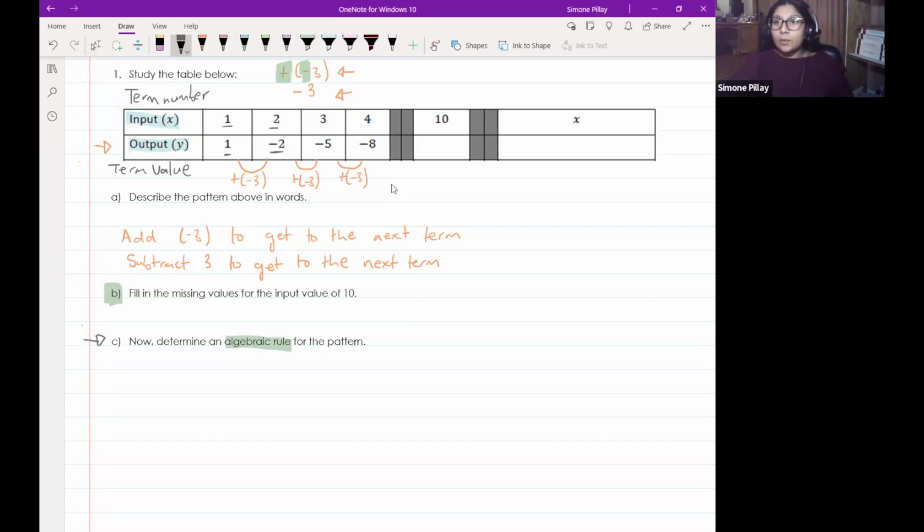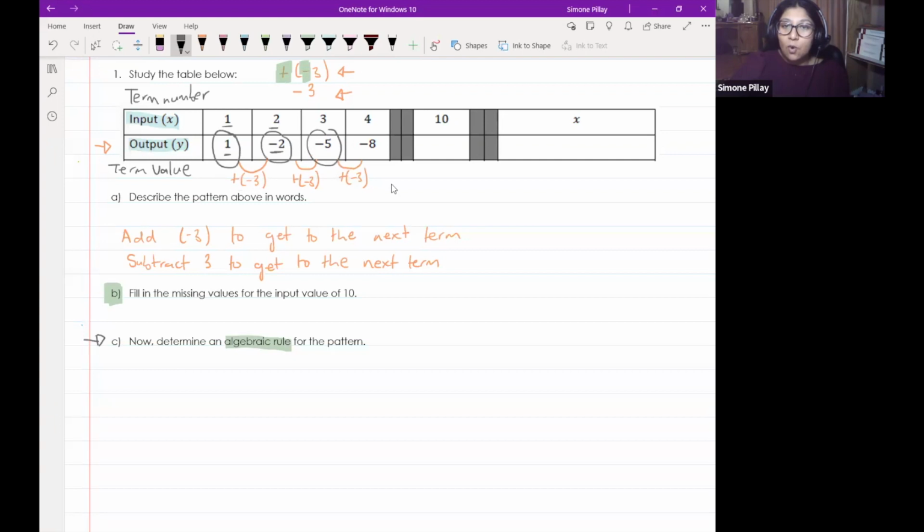What I want you guys to really notice is that this plus -3 is not my algebraic rule. That plus -3 is what I have to do to get from one term to another term. Now remember, these are just the terms.